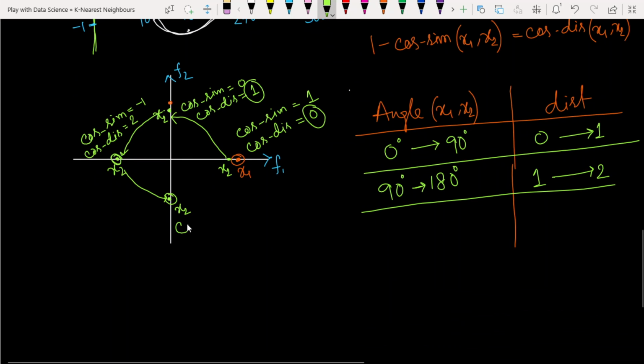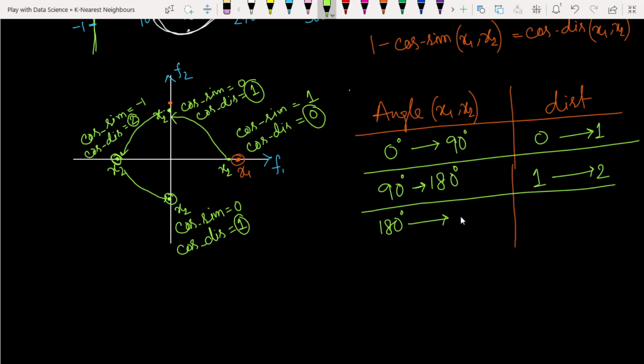So here our cosine similarity is 0, and the cosine distance is 1 minus 0, which means 1. We get the same value here. So if we change the angle from 180 to 270, our distance will change from 2 to 1.